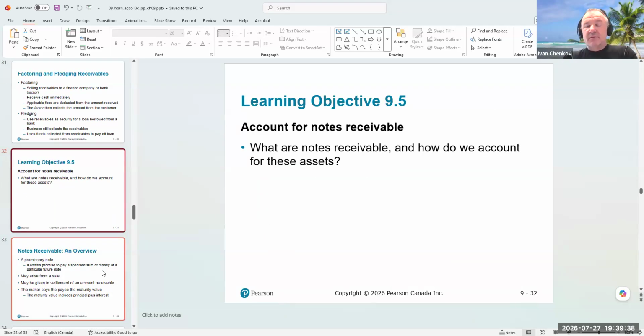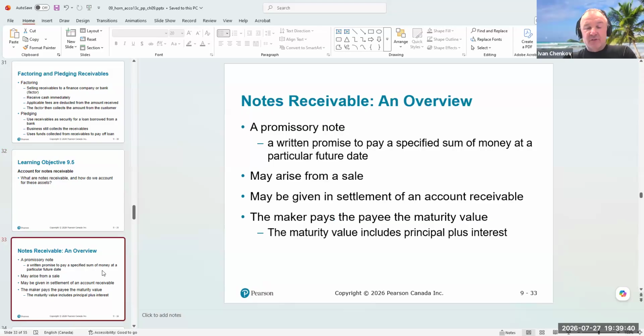Note receivables. On note receivables, I'm not going to spend too much time. A note receivable is a document which entitles you to payment of the principal and interest. It can happen when you're selling something and the person doesn't have cash, but wants to give you some certainty that he's going to pay.